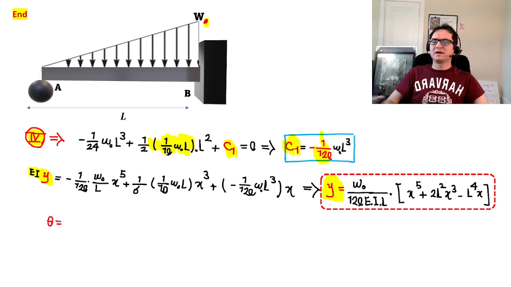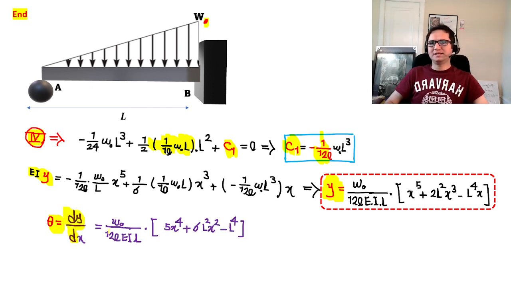And if you calculate theta, that's dy over dx, a derivative of the delta equation. So if this is x to the fifth, it becomes 5x to the fourth plus 6L squared x squared minus L to the fourth.